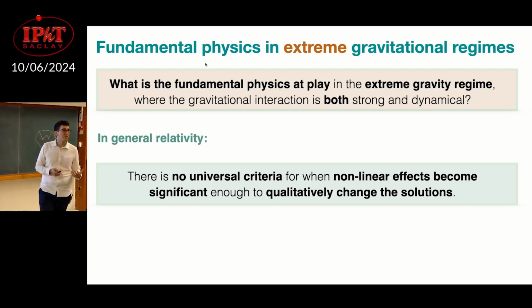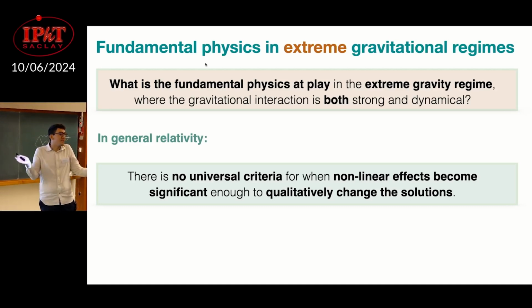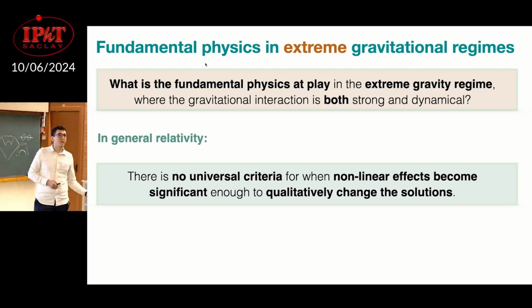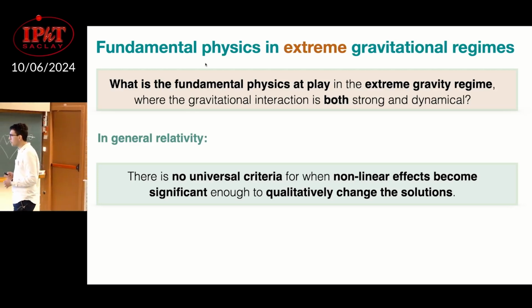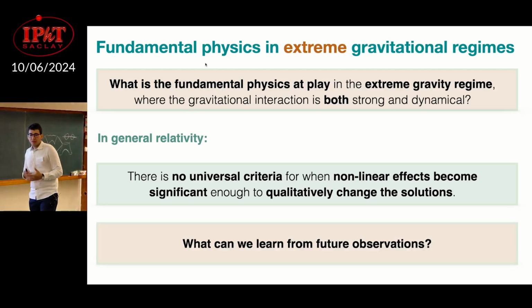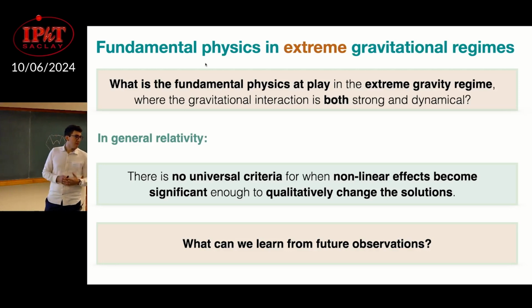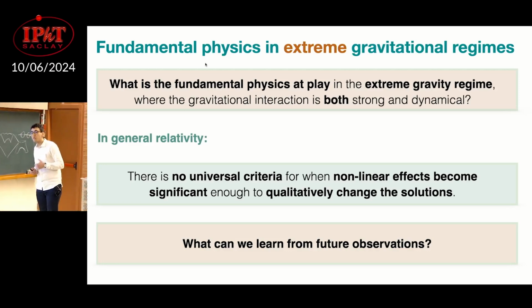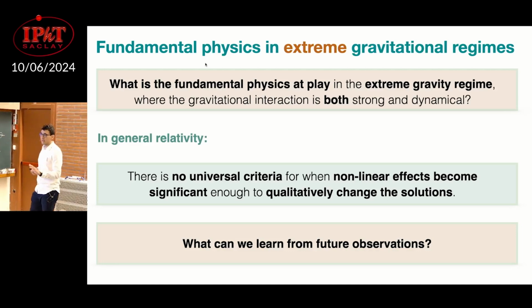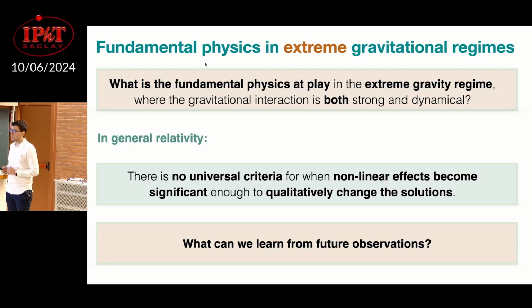And that's why it's interesting to find them in as many systems as we can, even in the electromagnetic or the gravitational sector. Now, what we want to connect is, what can we learn about this sort of fundamental physics from future observations? And as Helvi was alluding, in the gravitational spectrum we have learned a lot.